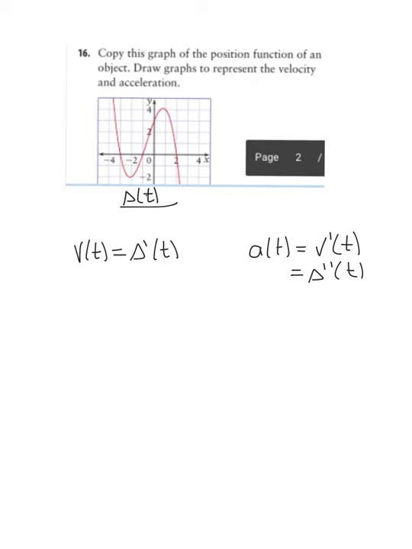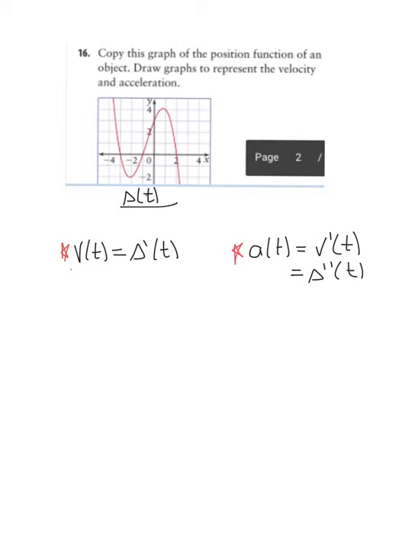Just like in question 15 above that, we know that the velocity function is just the derivative of the position function. So I've written that right here: V of t is equal to s prime of t, or the derivative of my position function. And then we know also that acceleration is the derivative of the velocity function.